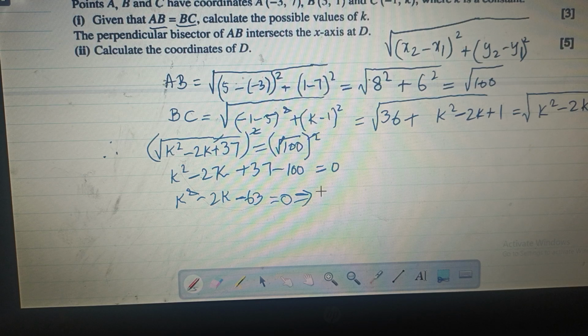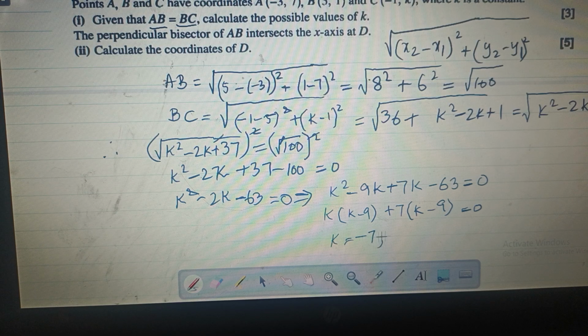According to mid-term break, I'm making it k squared minus 9k plus 7k, minus 63 equals 0. k into (k minus 9) plus 7 into (k minus 9) equals 0. So k is equal to minus 7 and k equals 9.